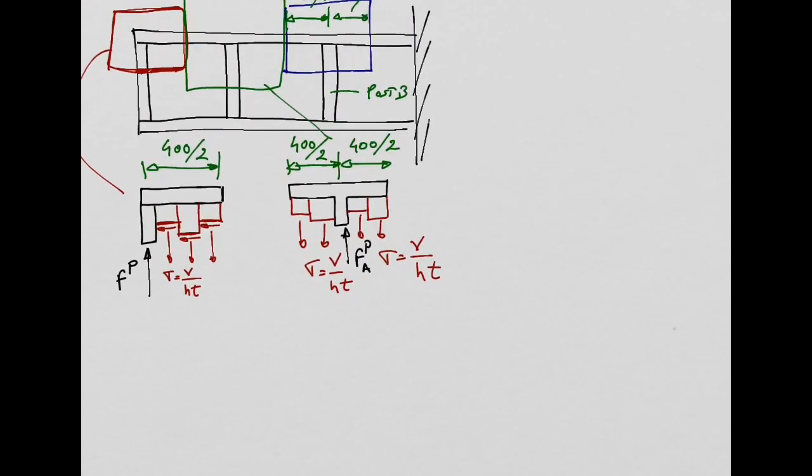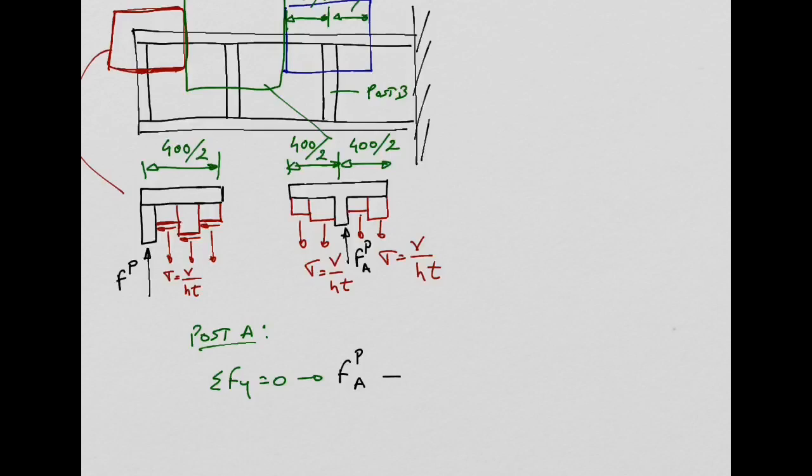Because, okay, let's do now the equilibrium for post A. So for post A, we are going to do summation of forces in the vertical direction equal to 0. We get the force at post A, F post A. It is already a force.